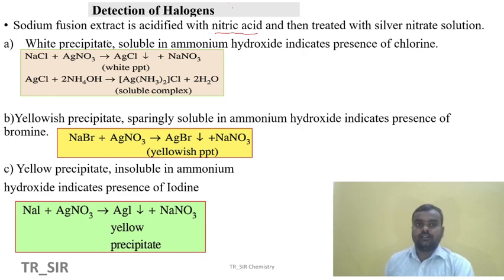A white precipitate forms that is soluble in ammonium hydroxide, which indicates that the presence of chlorine.